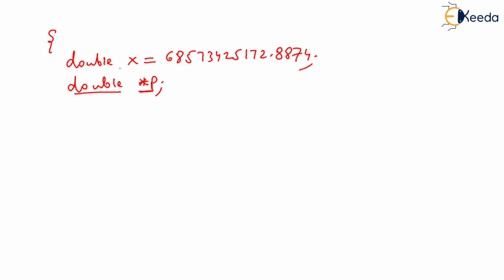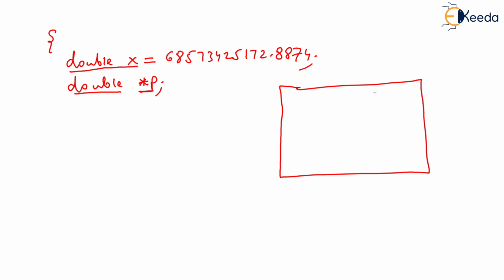Now, if you think of this x getting stored somewhere in the memory, then x will occupy 8 bytes of RAM. Maybe the beginning address is 600. From here, x has been stored. So the next byte will be 601 and so on. 8 bytes. And in those 8 bytes, that value 68573 and so on will be stored. I'm not writing the complete value, but you observe we have declared a pointer of double type.